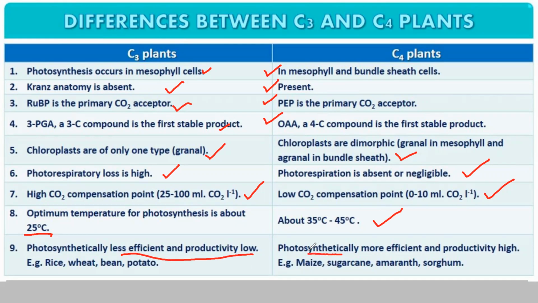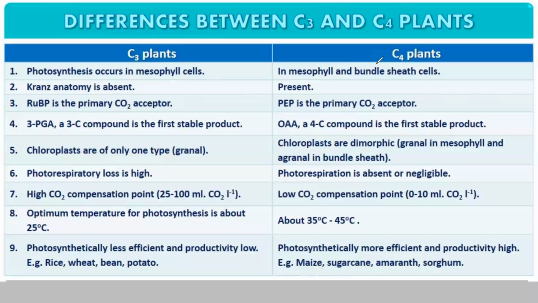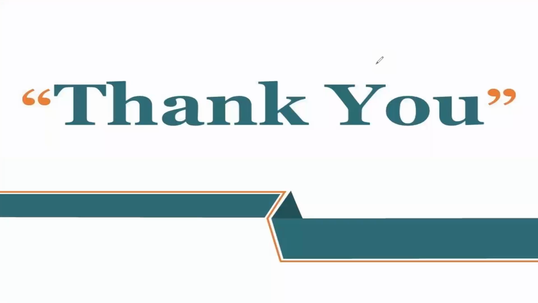Here, C4 plants are photosynthetically more efficient and productivity is also high. Examples of C3 plants are rice, wheat, bean, potato, whereas C4 plant examples are maize, sugarcane, amaranth, and sorghum. So from these differences and comparison, we can conclude that C4 plants are better in terms of productivity and yield. Thanks for watching.